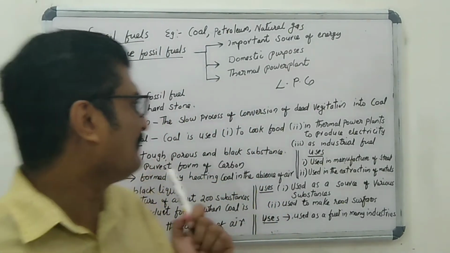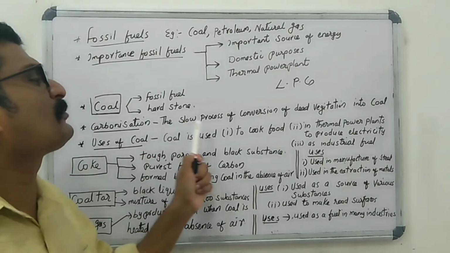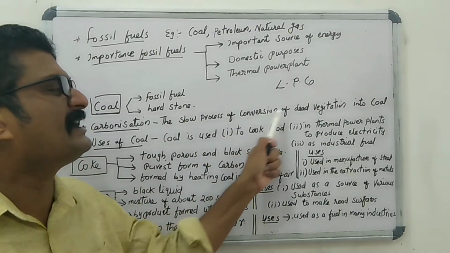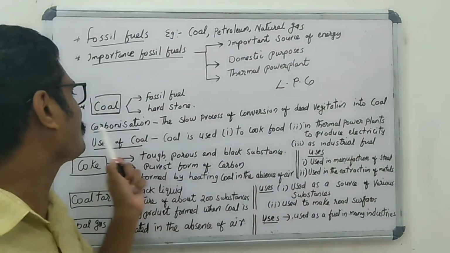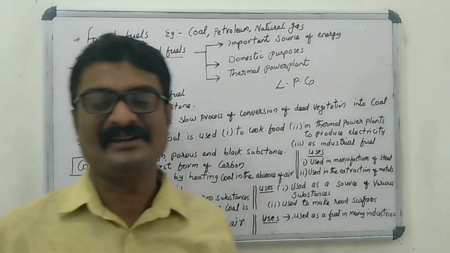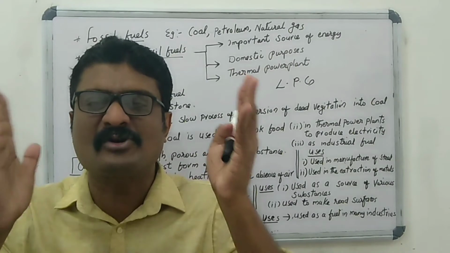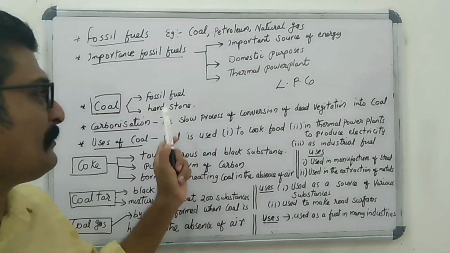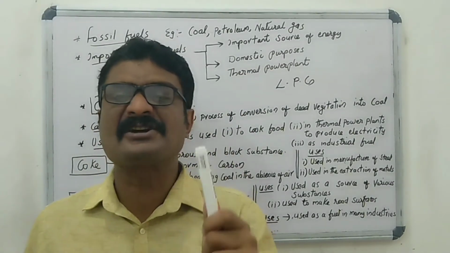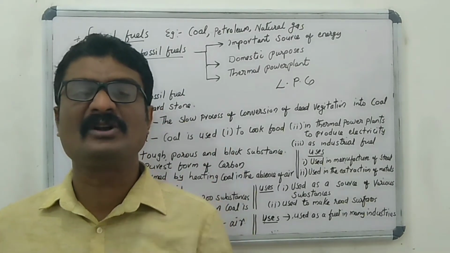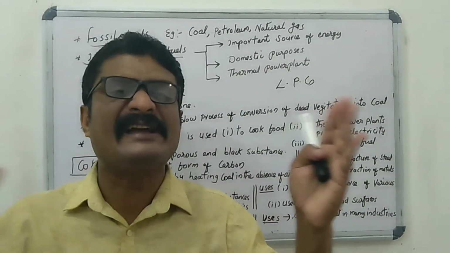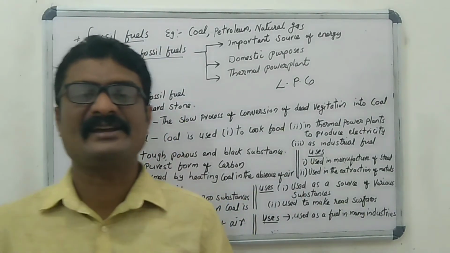Then the slow process of conversion of dead vegetation into coal is called carbonization. What is meant by carbonization? Very important term. The slow process of conversion of dead vegetation into coal is called carbonization.